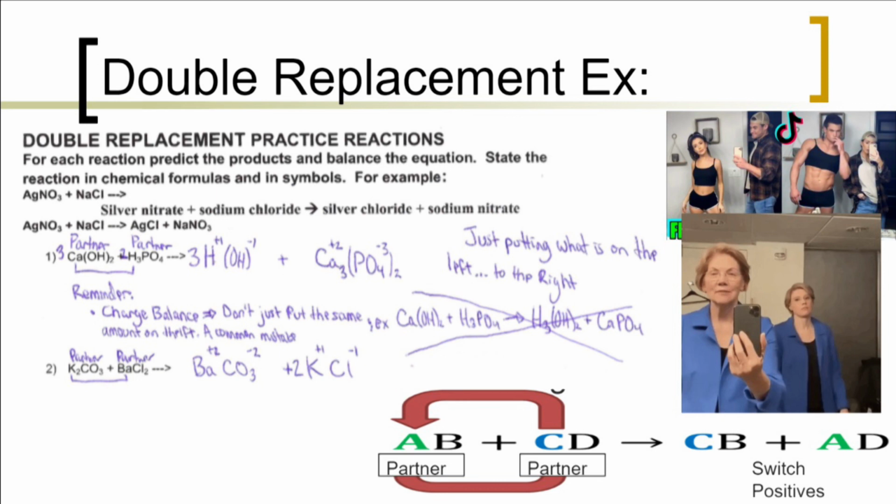So for the first example, I have calcium hydroxide plus hydrogen phosphate. As you can see, the calcium and the hydrogen are going to switch. Now there's an H with an OH and a calcium with the PO4.